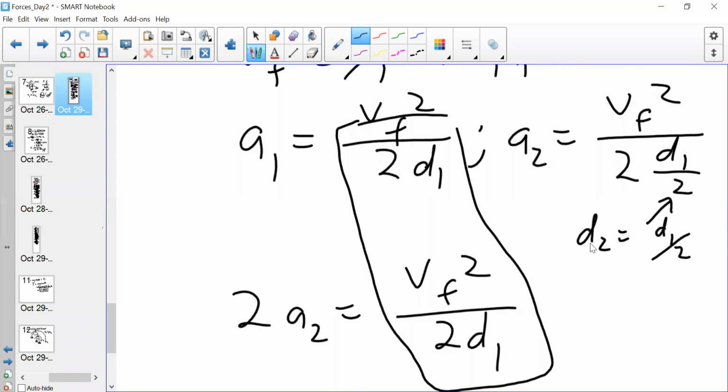Yeah, so one last thing, the implication or implicit nature of the problem is that in order for it to stop with the same velocity, same time, all that stuff, this must be the relationship of A1 to A2, that A1 is equal to double A2 in order for this equation to be the same.